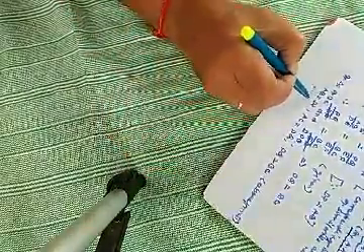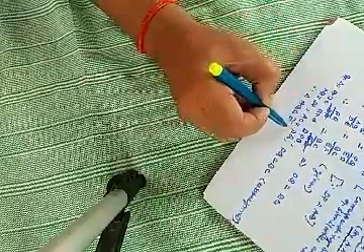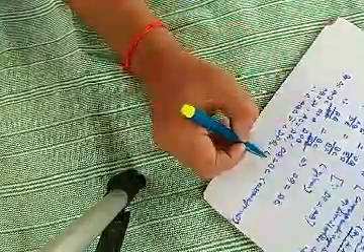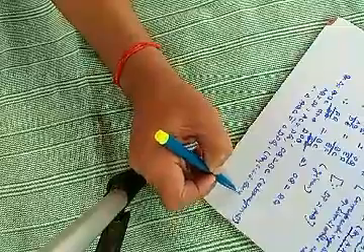Therefore, triangle ABC is congruent to triangle DPQ by the SSS congruency condition of triangles.